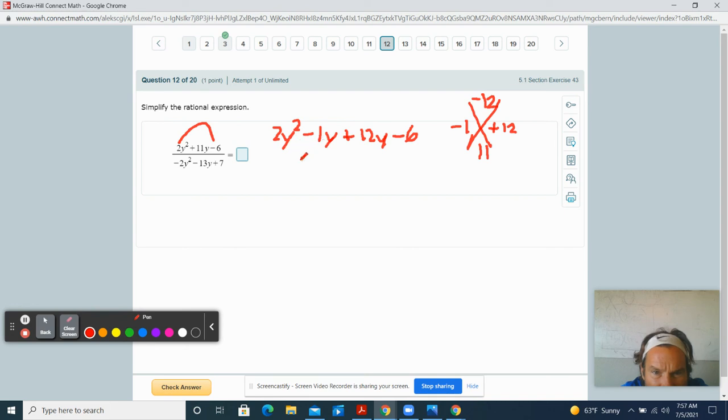Now I'm going to factor by grouping. It looks like there's a y common in the first, so it's y times 2y minus 1. Hopefully this has a 2y minus 1 in it as well, and I believe it does. You take out a 6, and it's 2y minus 1.